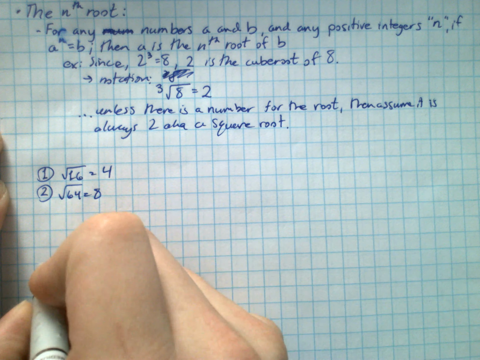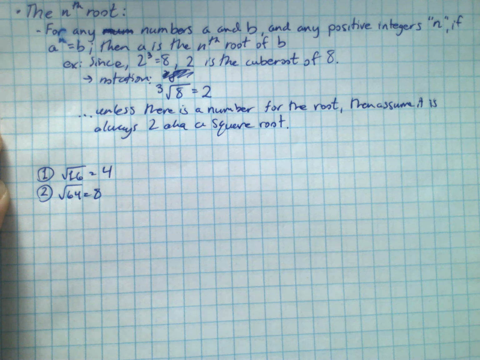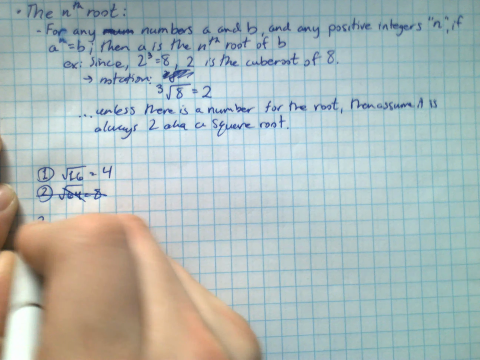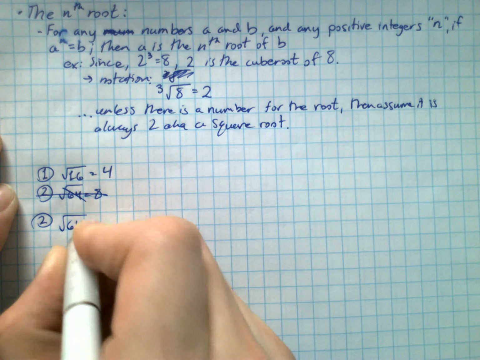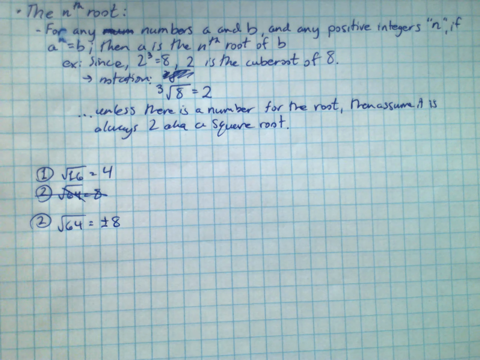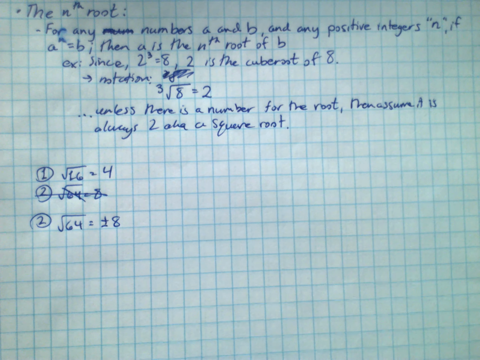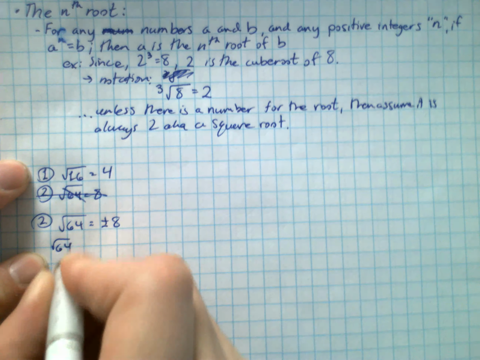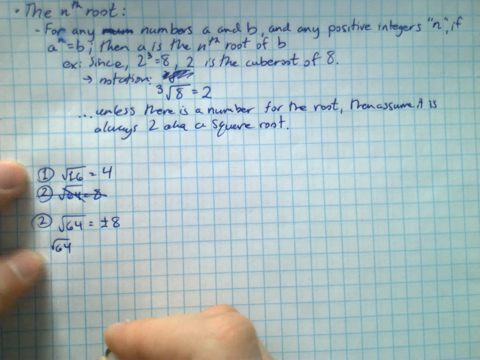But here's the thing. Whenever you take the square root of a number, you're actually getting 2 answers. Technically, that's wrong. When I say the square root of 64, I'm actually getting plus or minus 8. Why is that? Well, the reason has to do with how 64 works, or how any perfect square works.